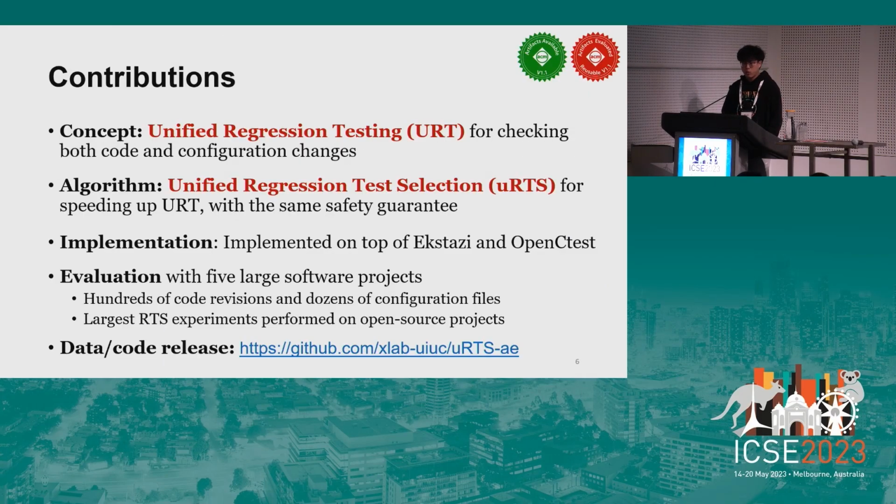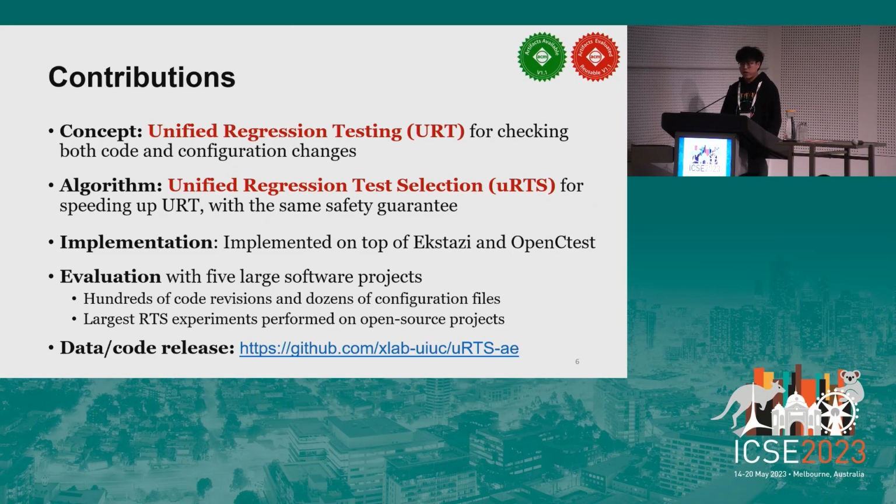In this work, we present URT, Unified Regression Testing, to check both code and configuration changes. Then we design a test selection algorithm to speed up URT with the same safety guarantee as previous tools. We implemented our tool on top of Ekstazi, a traditional RTS tool, and OpenCTest, a configuration testing framework.